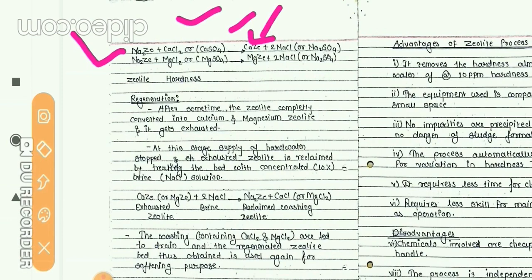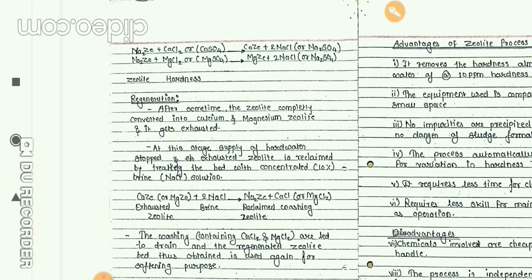Same like that, Na2Z, the zeolite of sodium, plus MgCl2 or MgSO4, the sulfates of magnesium. Again it will form MgZ and some byproducts. So by using zeolite we can remove calcium and magnesium ions, or the hardness.